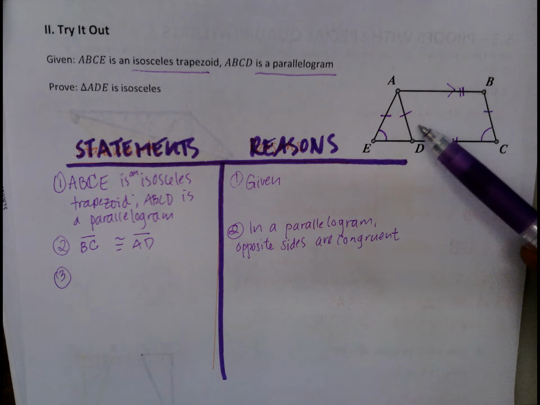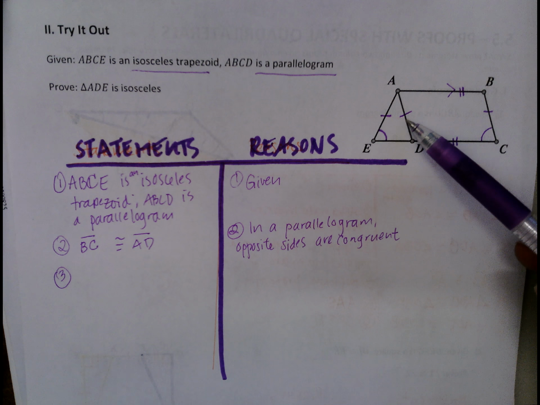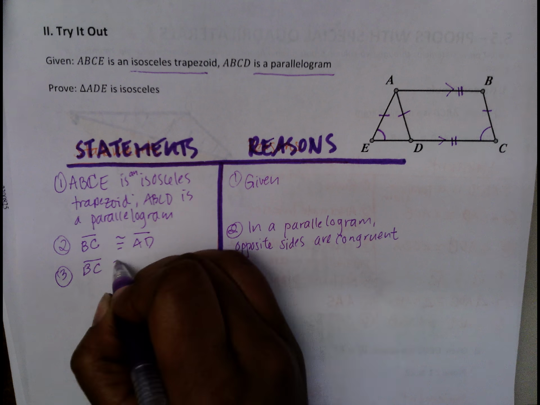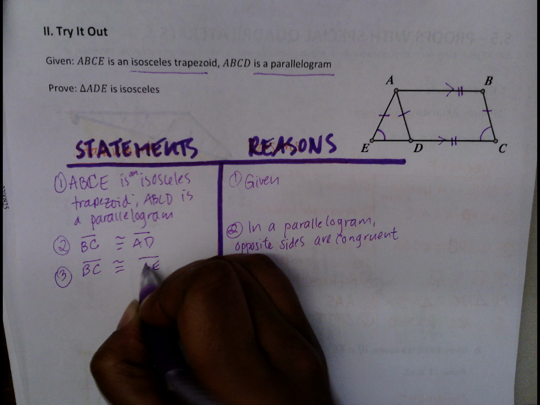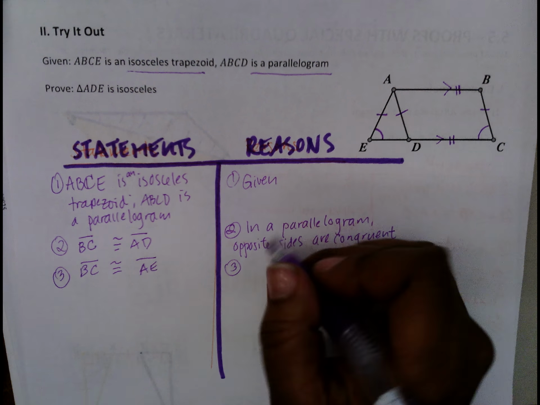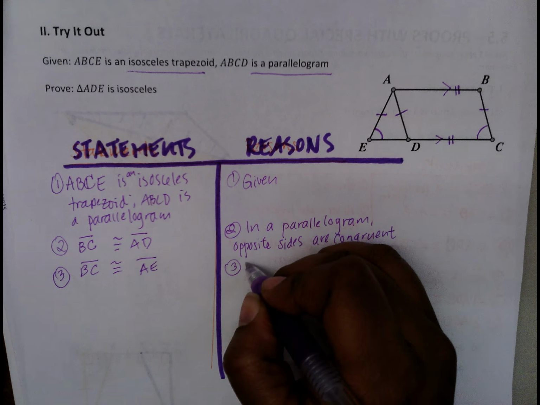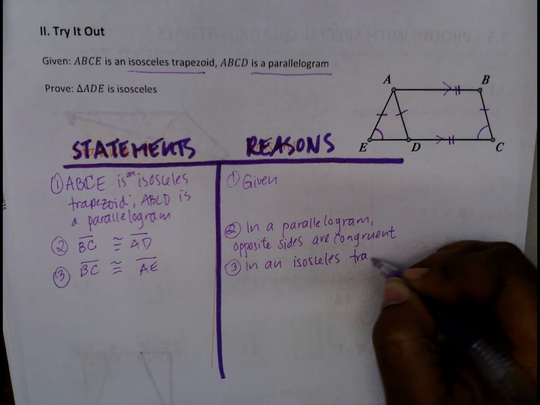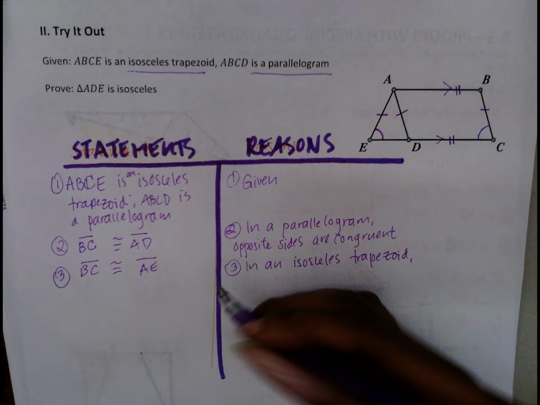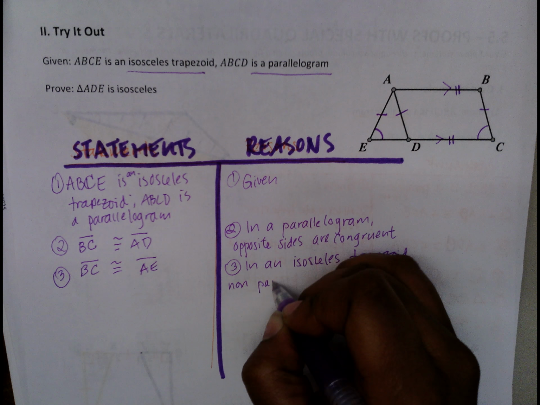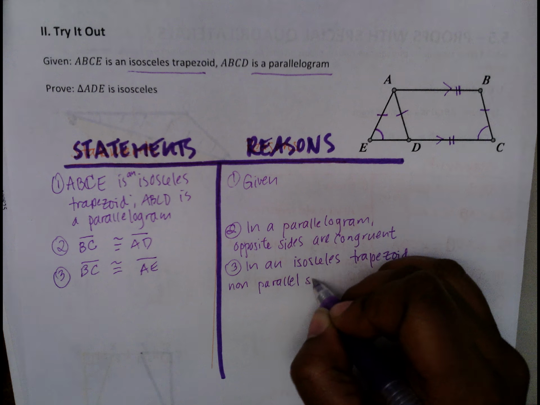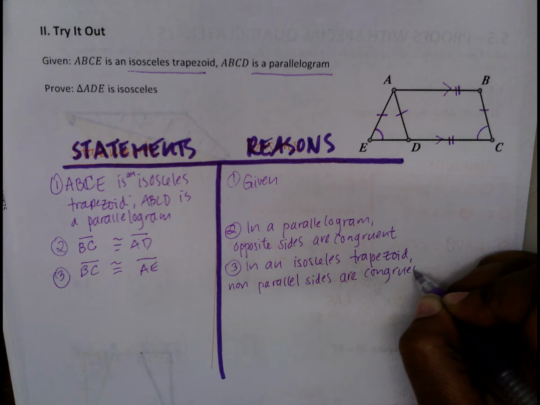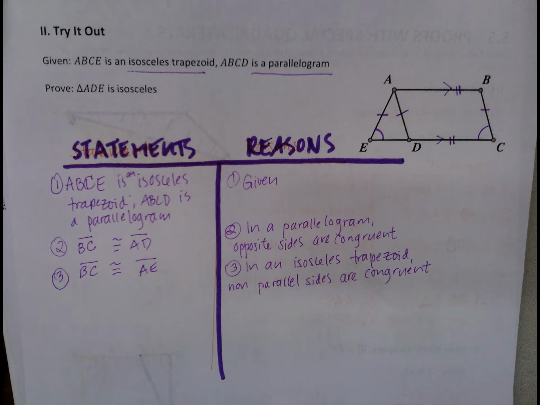So I said BC is congruent to AD, and then BC is also congruent to AE. So the reason why BC is congruent to AE is because in an isosceles trapezoid, non-parallel sides are congruent. And that's the definition of an isosceles trapezoid, okay?